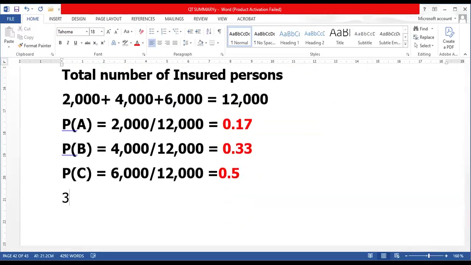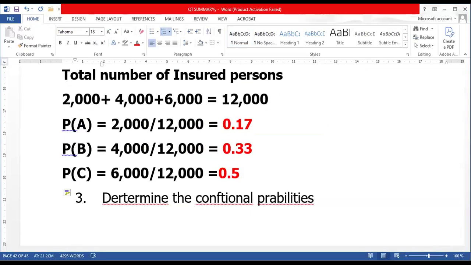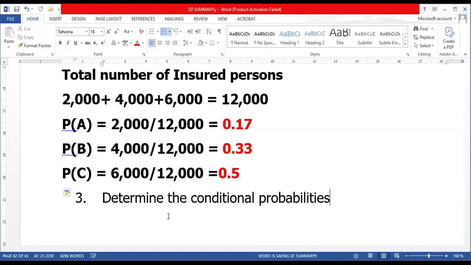Step number 3, we are going to do what? We are going to determine the conditional probabilities. That is step number 3.